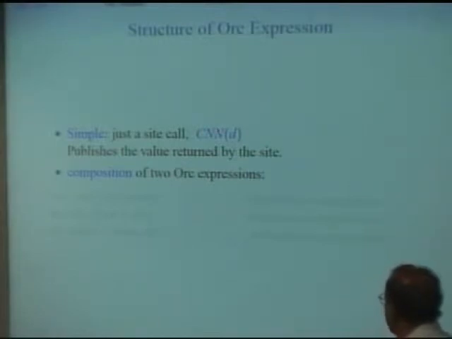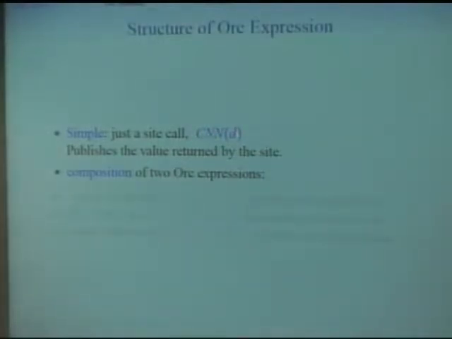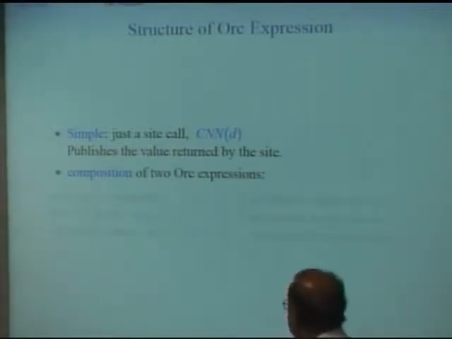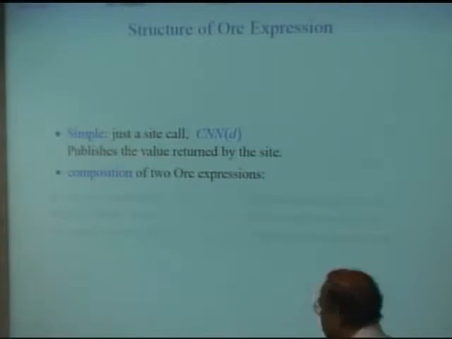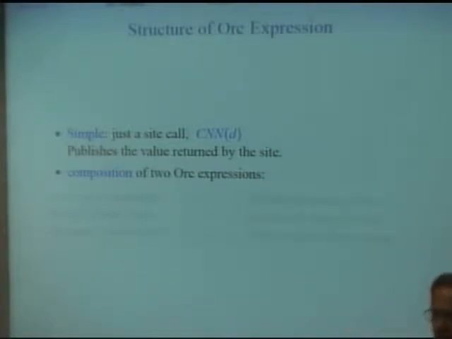The effect of this ORC expression is to call the site CNN with this parameter, wait for its response, and when it gets the response, publish that value. So it looks like any other thing that you know, nothing big has happened. It's just an ordinary expression.